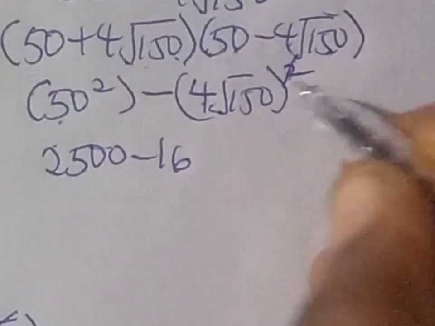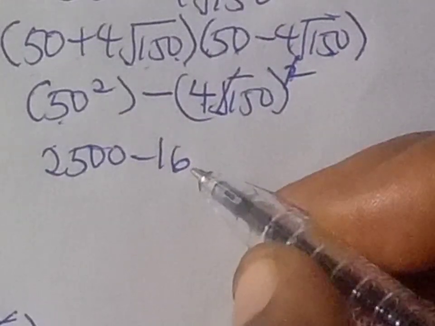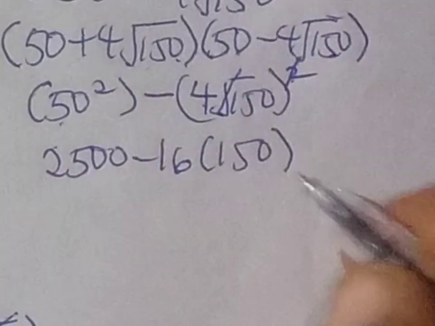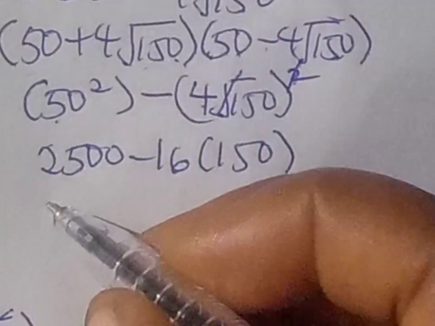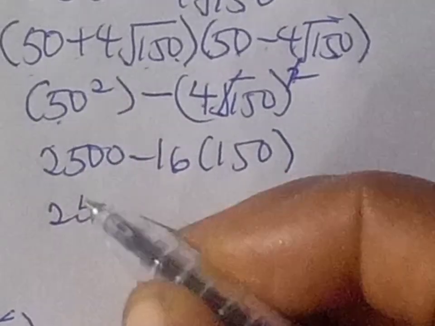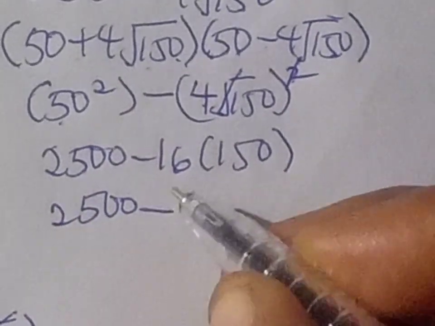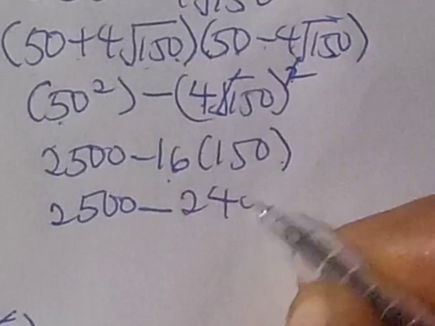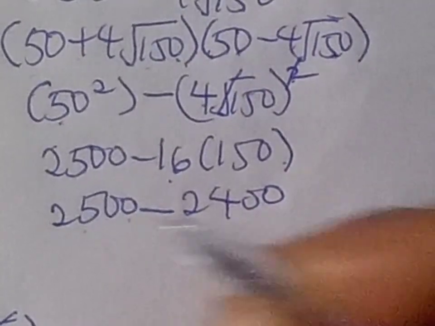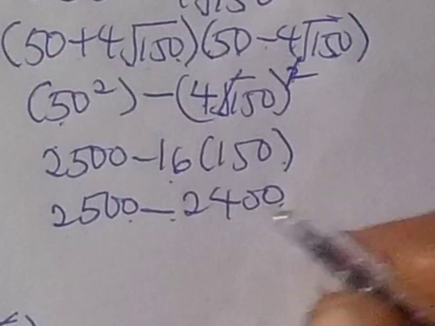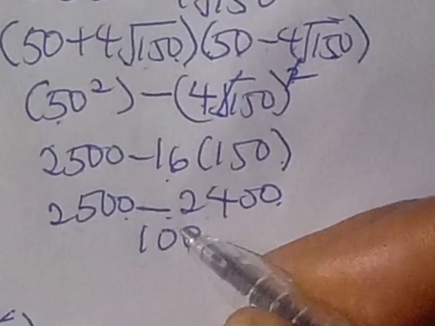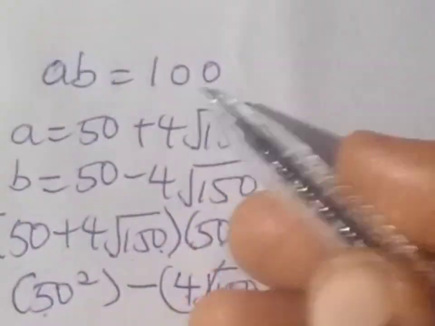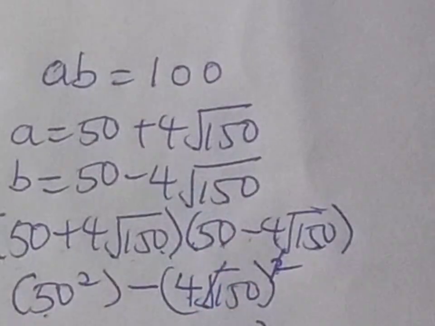Then the square will cancel the square root. So we have it as 16 times 150, which gives us 2500 minus 16 times 150 will give us 2400. So 2500 minus 2400 will give us 100, which is the result of the product that we were given.